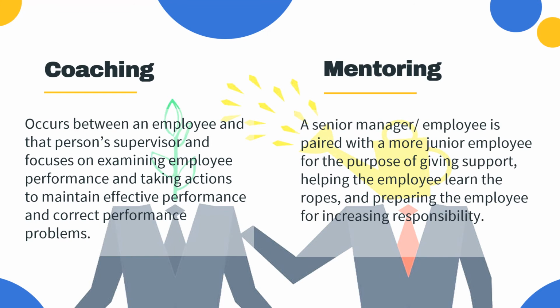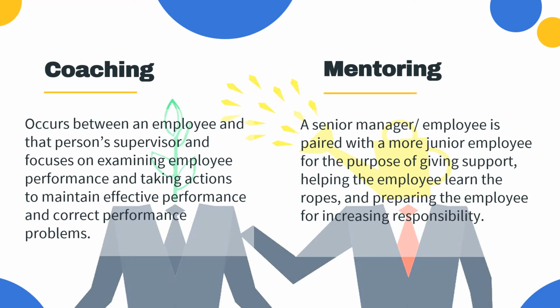While in mentoring, a senior manager is paired with a more junior employee for the purpose of giving support, helping the employee learn the ropes, and preparing the employee for increasing responsibility.